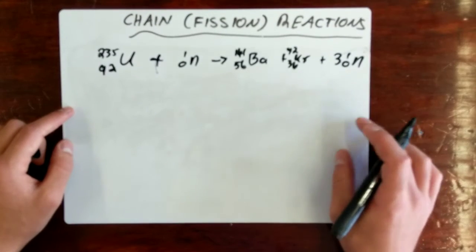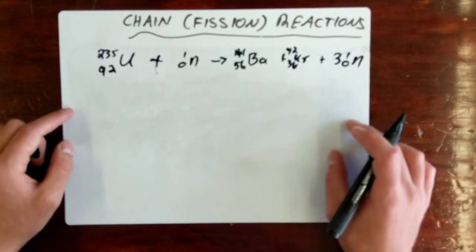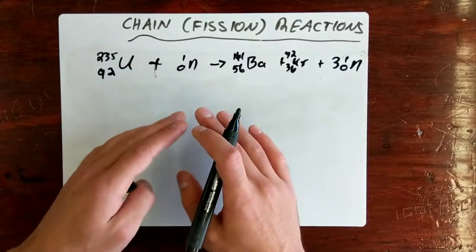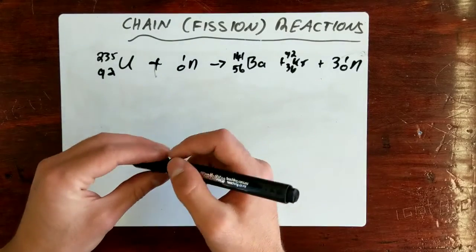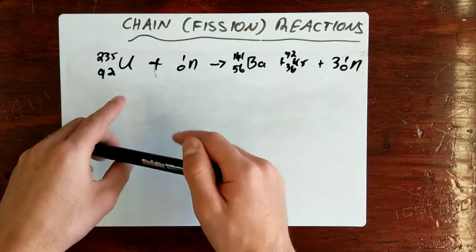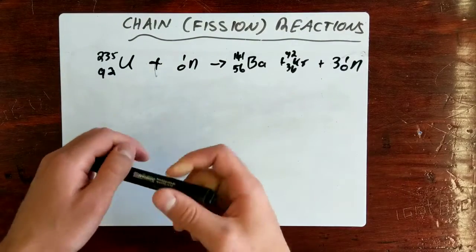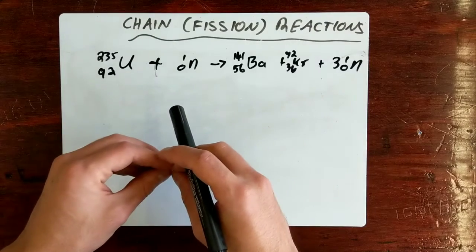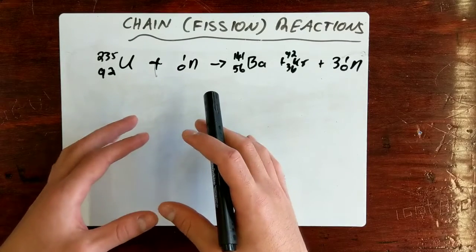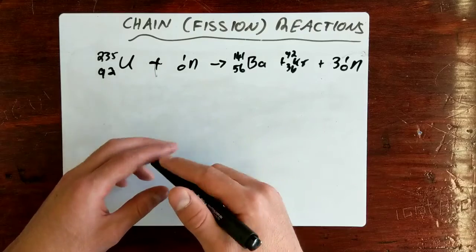Now, before I move on, I just want to make it really clear what's happening here. This looks like a classic chemical equation where I would have uranium reacting with a neutron to create these products. But that's not what's happening. The uranium is not reacting with the neutron.